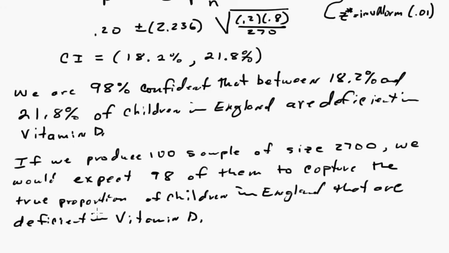So there's other ways of saying that. You could say 98% of all confidence intervals of this same size will capture the true proportion of children in England that are vitamin D deficient.